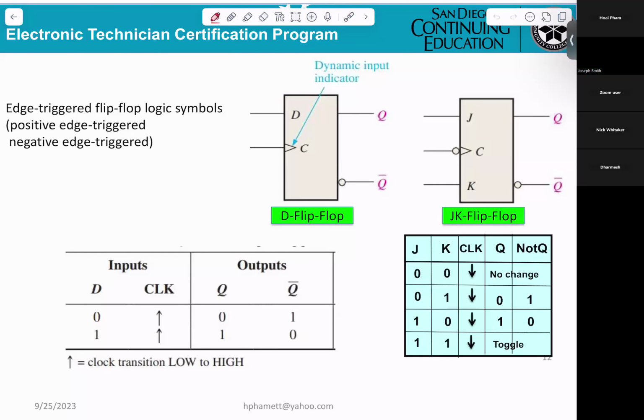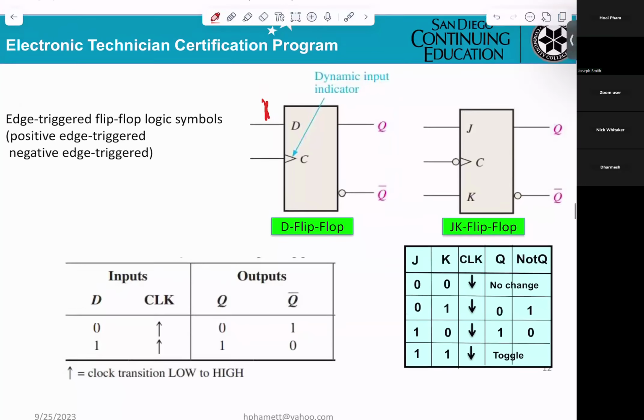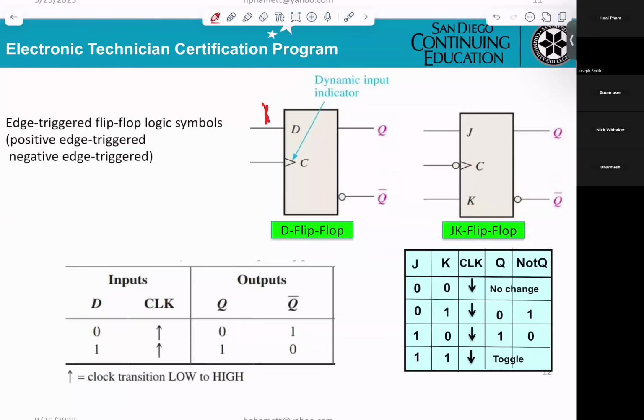That means if you get the input 1, the output cannot equal 1 until you get the clock going from 0 to 1.